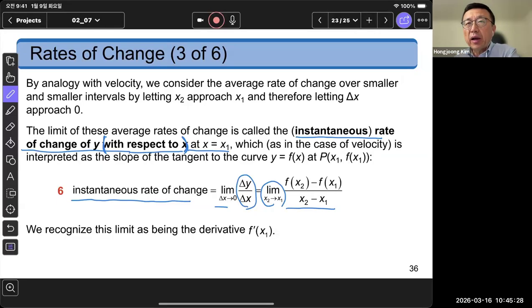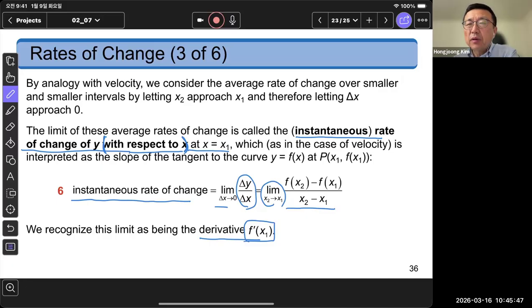In other words, delta x goes to 0. And as I said, if that limit exists, in the previous slide we called it in math the derivative, f prime at x1.